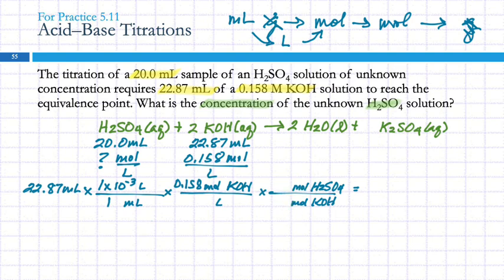Mole ratio from our equation: 1 mole of sulfuric acid to 2 moles of potassium hydroxide. So 22.87 times 1 EE minus 3 times 0.158 divided by 2.